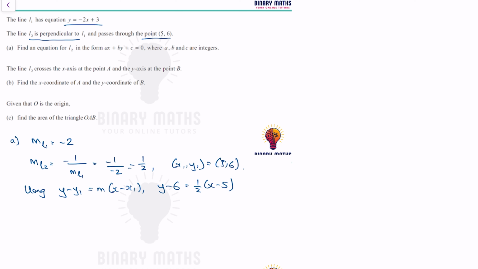Let's just multiply through by 2, so I end up getting 2 times y minus 6 is equal to x minus 5. 2y minus 12 is equal to x minus 5. If I take everything to the right hand side, I get x minus 2y minus 5 plus 12 gives me plus 7 equals 0. So in this case, my a is equal to 1, my b is equal to negative 2, and my c is equal to 7.